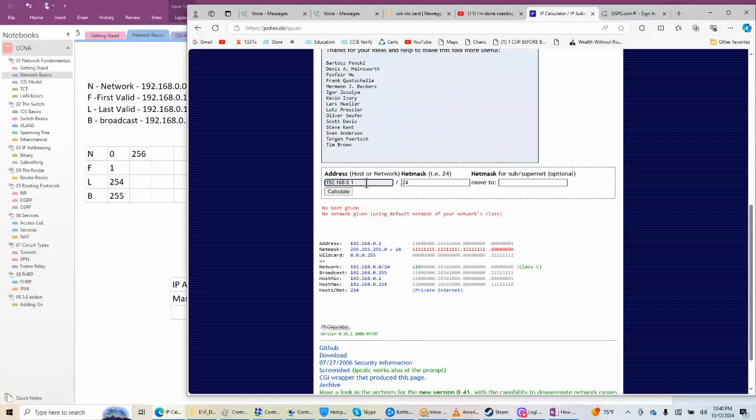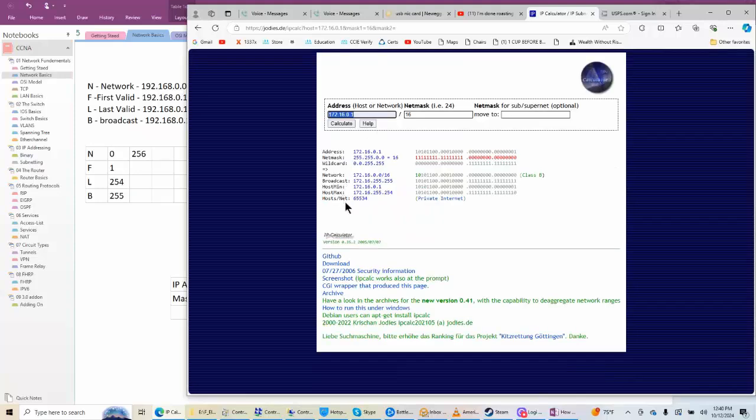Let's try. Let's see what this comes up with.